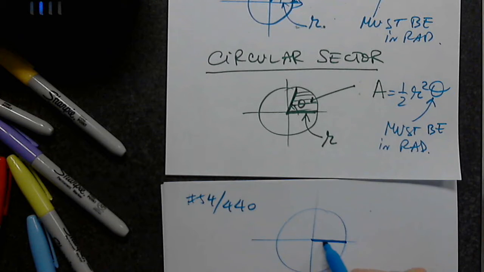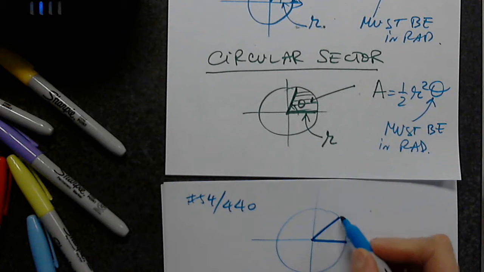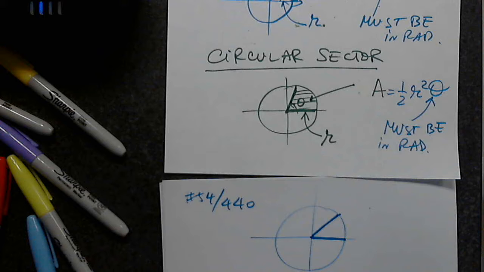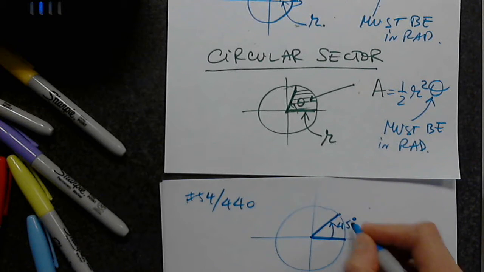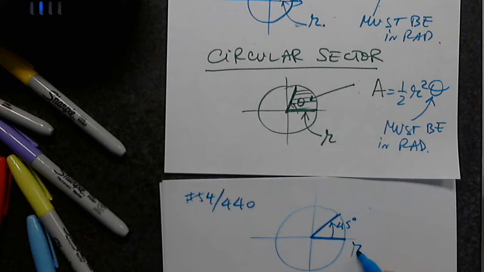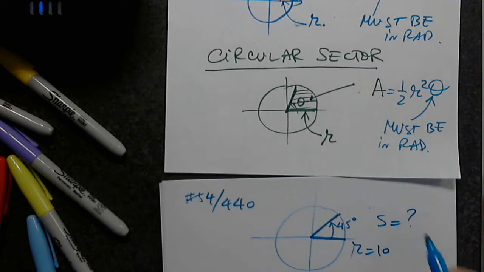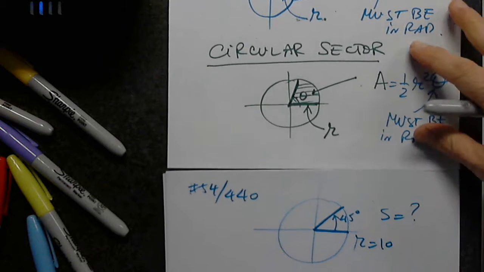So this is 45, right in the middle, half of a quadrant. This is 45 degrees. And they ask us to find s. And the radius is 10. That's one question. And then I would like to look at an area, and then maybe convert one into the other, degrees into radians and radians into degrees.